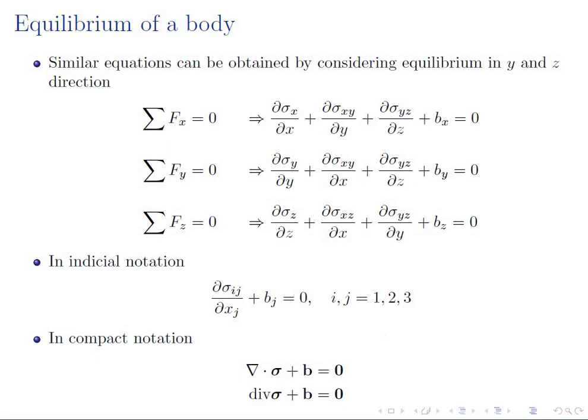Or in compact notation, I can write the dot product of the gradient with the stresses plus b equals 0. The dot product of the gradient with the stress tensor or with any vector field is usually called divergence. So I can write it down: divergence of sigma plus b equals 0. So this is the equilibrium equation of a solid body.